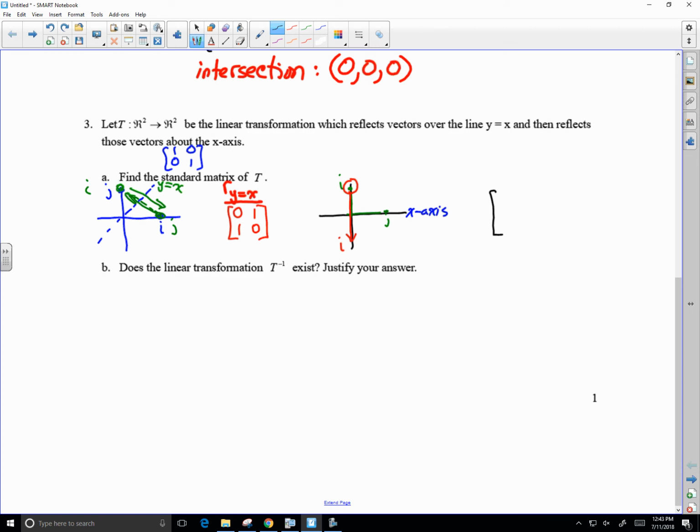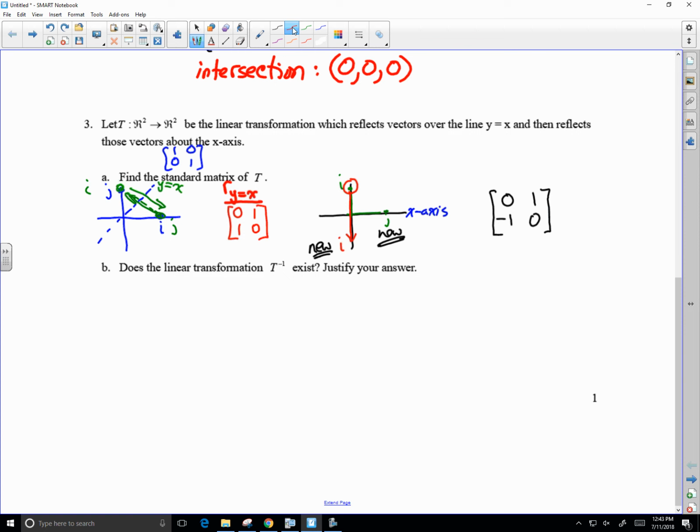All right, so this is my new i, and my new j. My new i is at 0, -1, or my newest i. My new j is at 1, 0. All right, so we're good there.